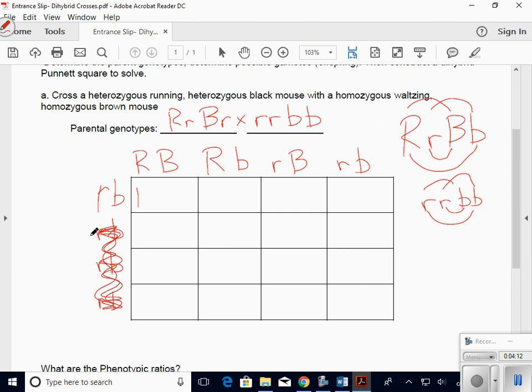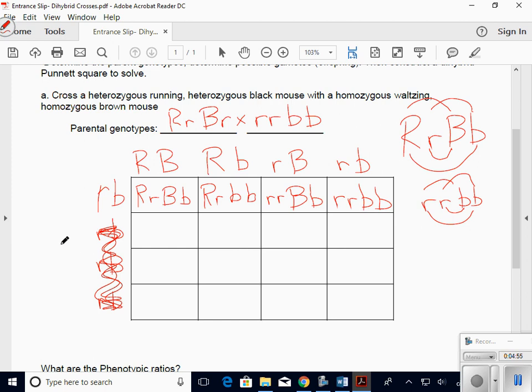I'm going to have a capital R, capital B, little b, capital R, little b, lowercase r, capital B, lowercase b, and finally, lowercase r, lowercase b, lowercase b. So, I have now done my Punnett square.